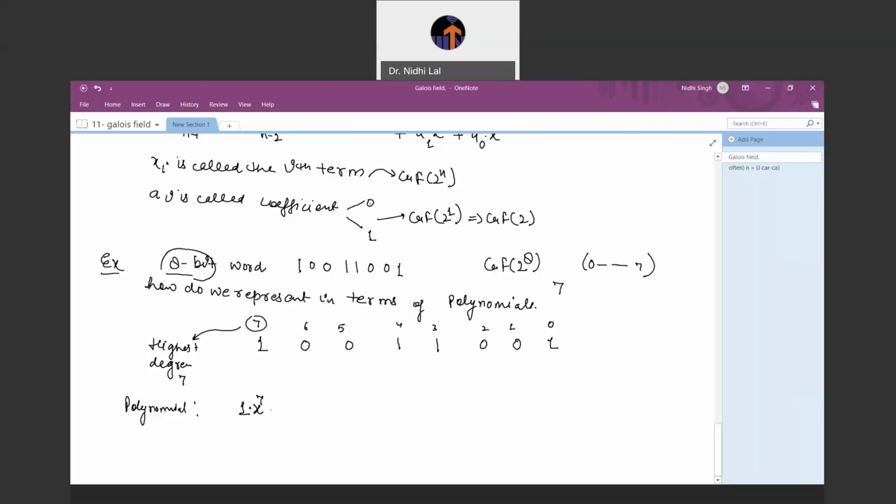Now the addition operation. The coefficient is 0, term with degree 6. Then coefficient 0, term with degree 5. Then coefficient 1, term with degree 4. Then coefficient 1, term with degree 3. Then so on.